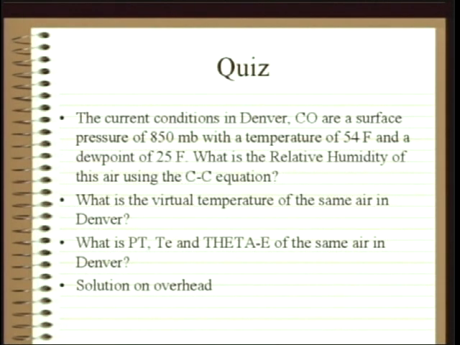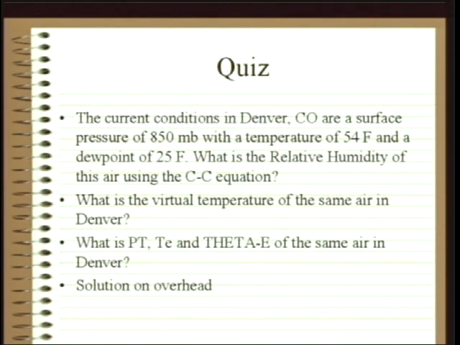The last thing that we want to do is have a quiz. And we'll go over the questions and answers to this quiz. What you need to know for the problem is the current conditions in Denver, Colorado are a surface pressure of 850 millibars with a temperature of 54 degrees Fahrenheit and a dew point of 25 degrees Fahrenheit.